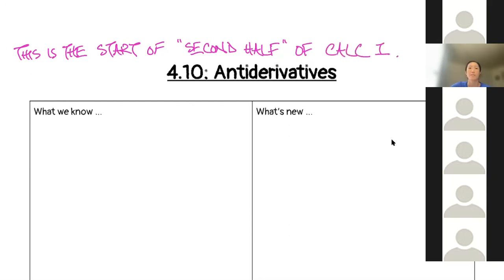Okay. And so this is, wow, my handwriting is just really wonderful today. Okay, so this is the start of the second half of Calc 1, okay?